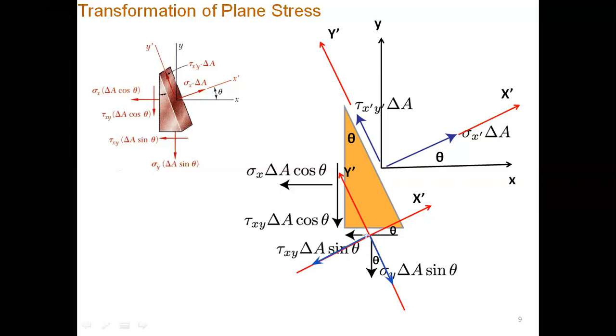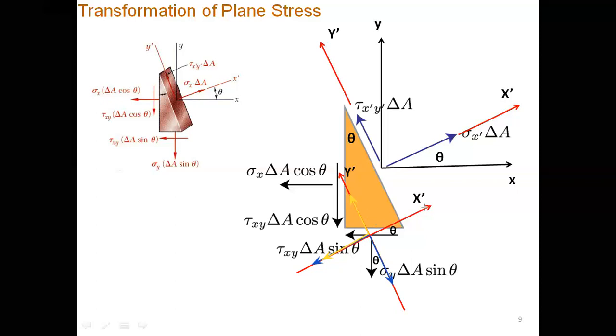So its component along this line would be the cos component, so it would be tau xy delta A sine theta cos theta. And the other component would be along this line, and this would be the sine component. So it would be tau xy delta A sine theta sine theta.